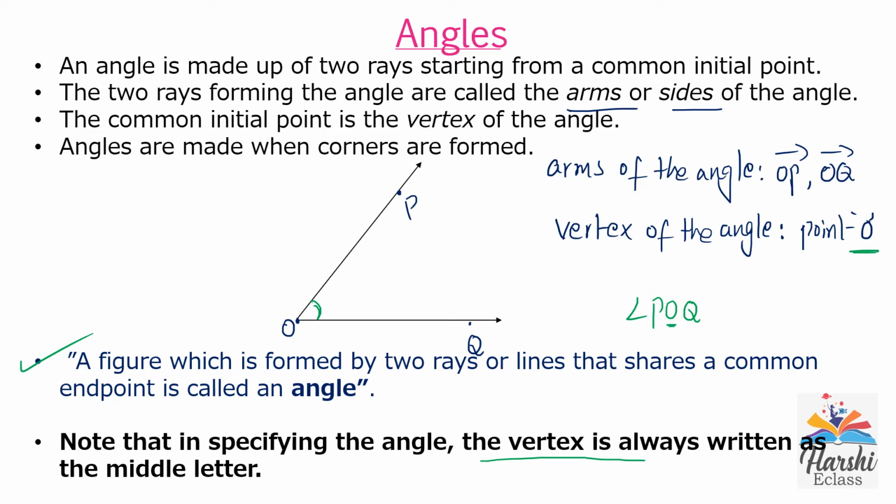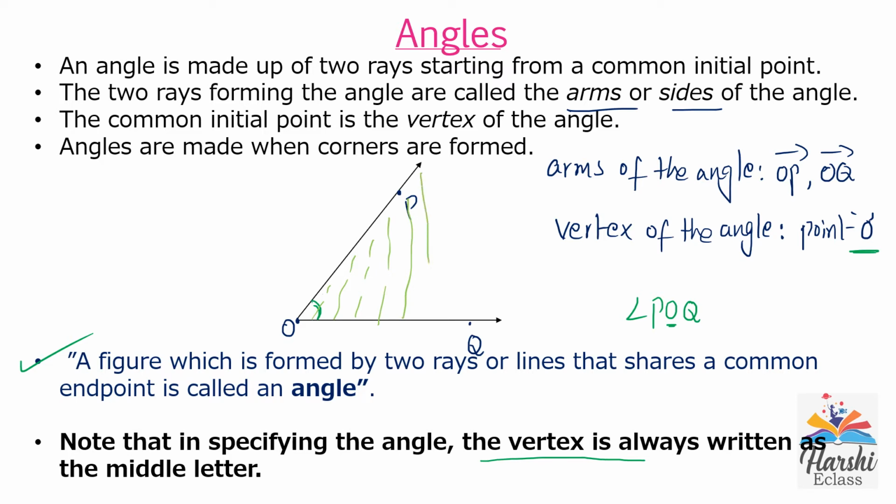In this angle, interior and exterior parts are there. Like in the previous video, I explained to you that a circle has an interior and exterior. An angle also has an interior and exterior. The interior is the part which is present inside these two rays.